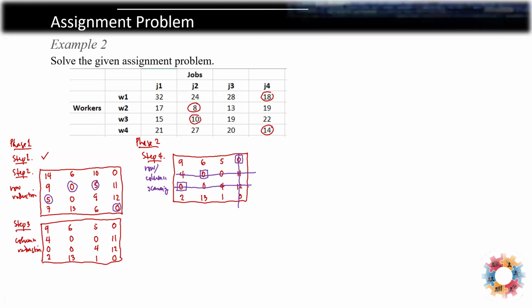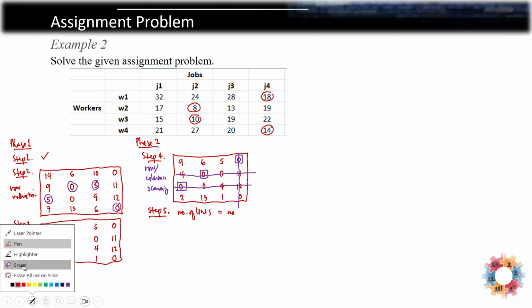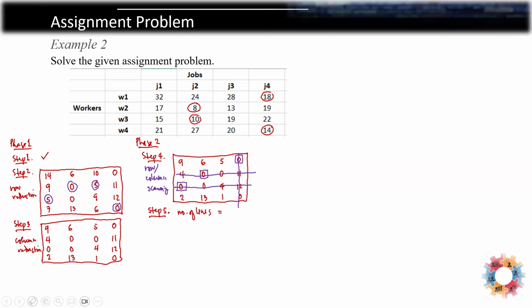What we will do now, we'll proceed to step number 5. Step number 5 is the optimality test. We'll check if the number of lines is equal to the order of the matrix, okay?